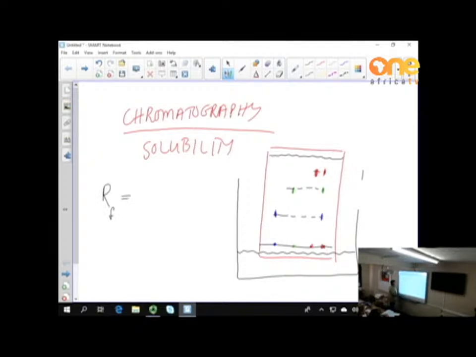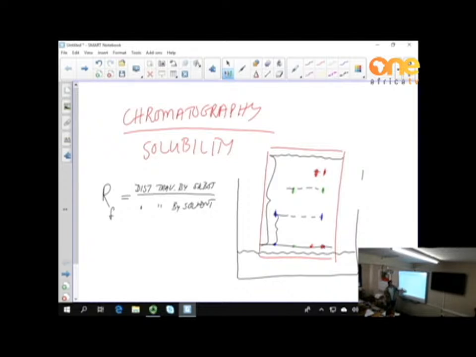Now, the RF value is the distance traveled by the substance, divided by the distance traveled by the solvent. Distance traveled by substance divided by distance traveled by solvent.